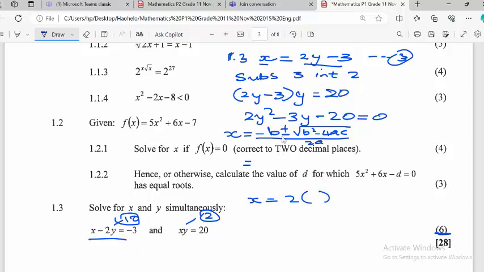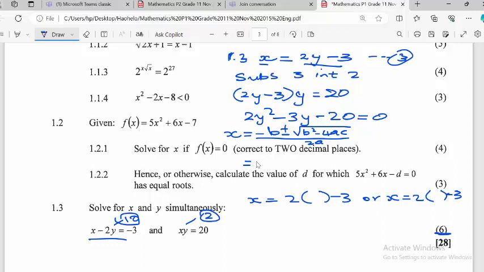So clearly here you have 2 y's, so you'll have two x's as well, minus 3. So you'll have 2 points for that.